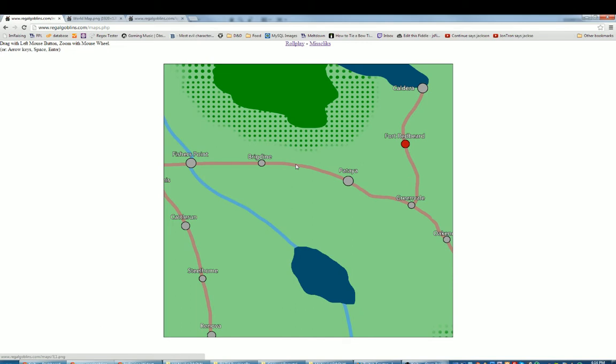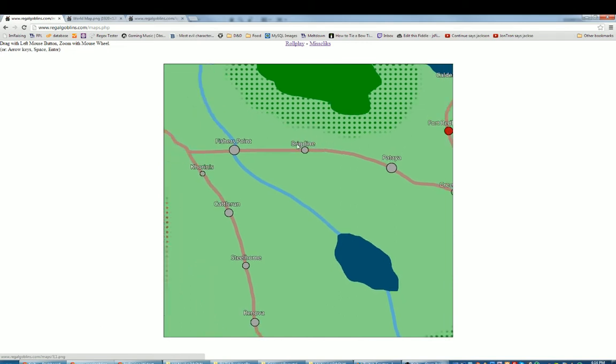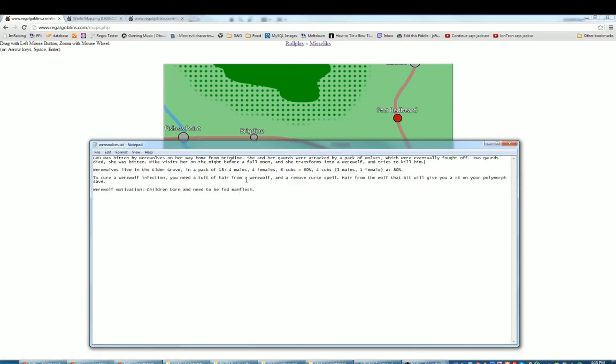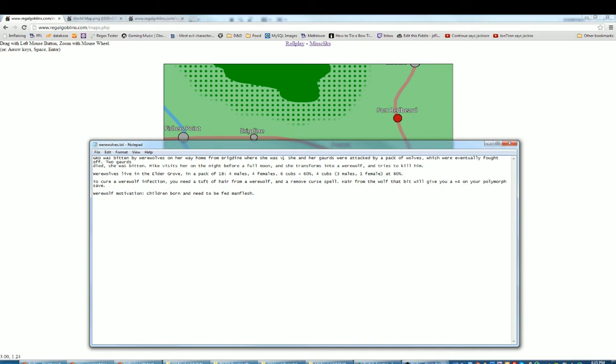And why was she coming from Brigdean? She was coming home from Brigdean. Why was she doing that? She was visiting a cousin. Or she was just visiting the local lords of Brigdean. Okay, cool. She and her guards were attacked by a pack of wolves.